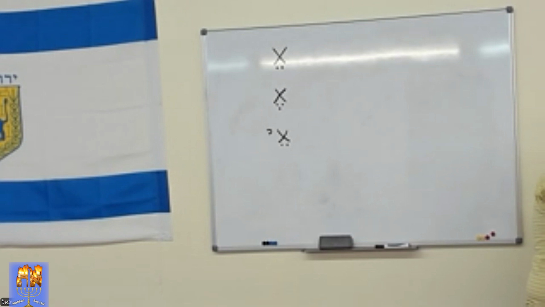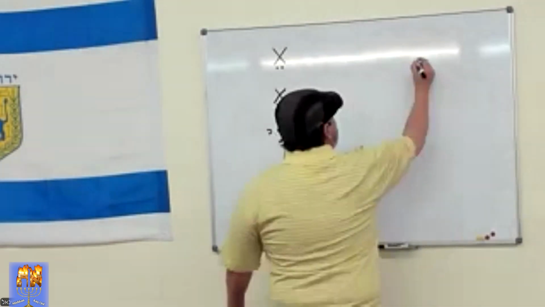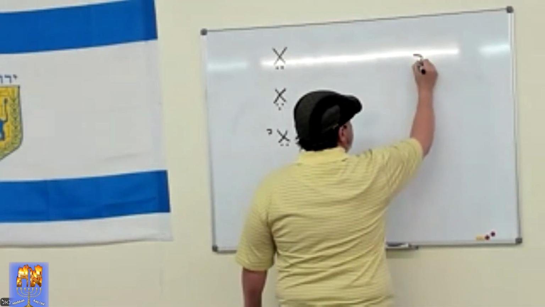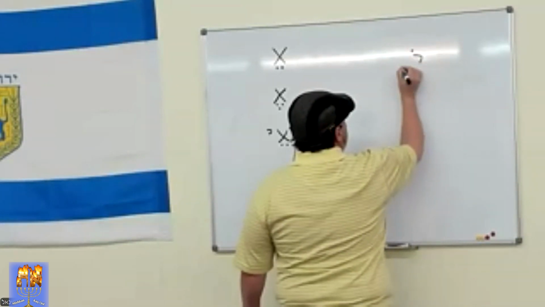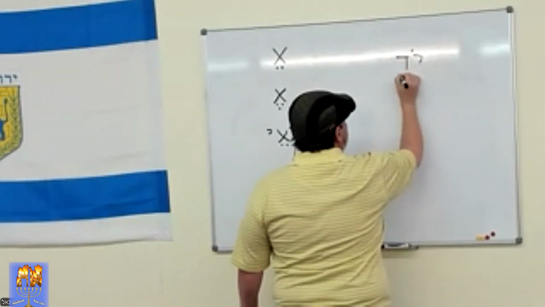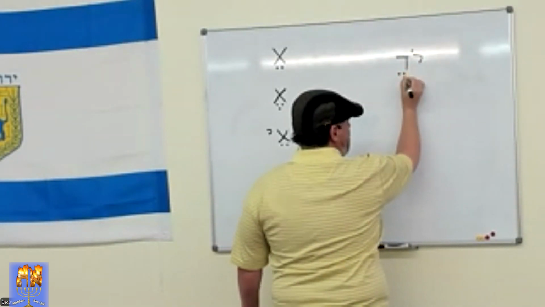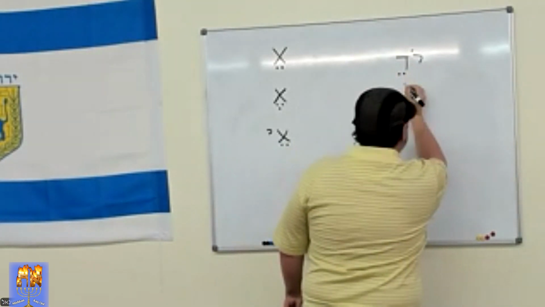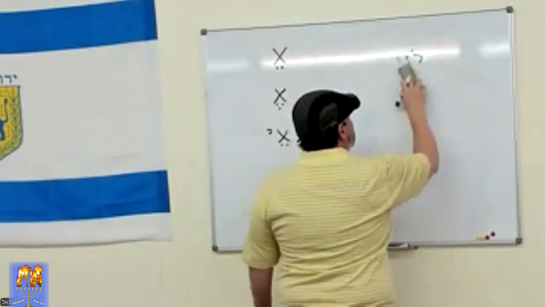I don't have one on here. Yeah, I got one. All right, so here's our word. We'll have that. Oh, my bad.